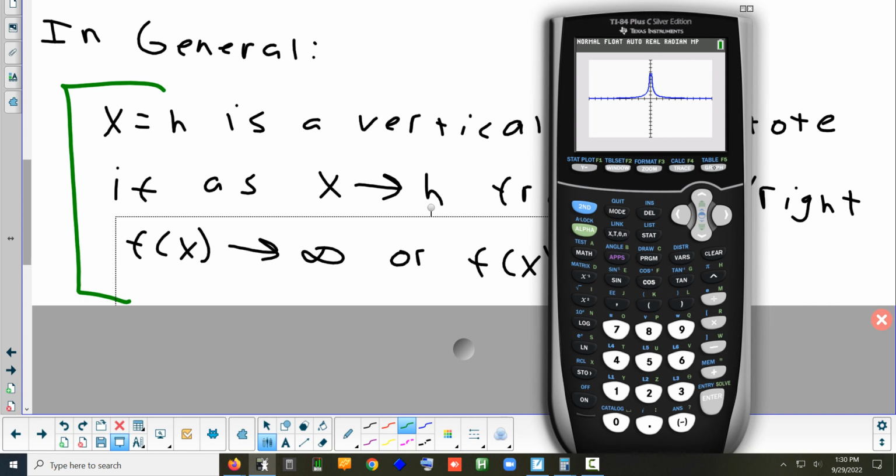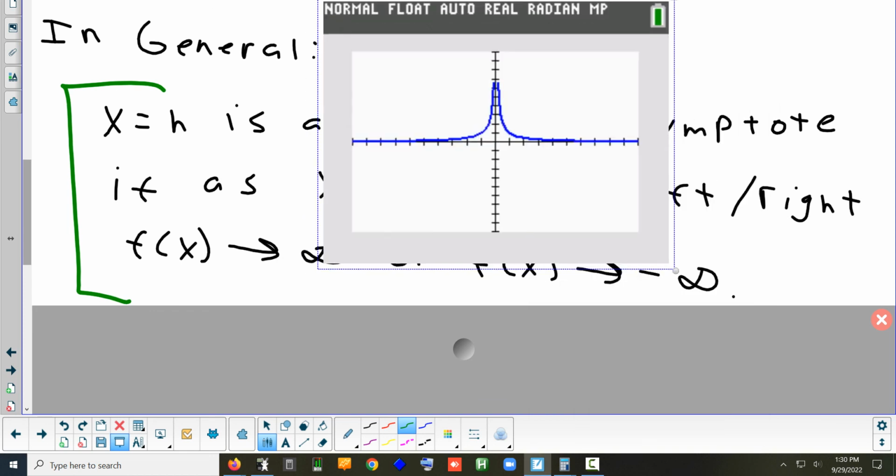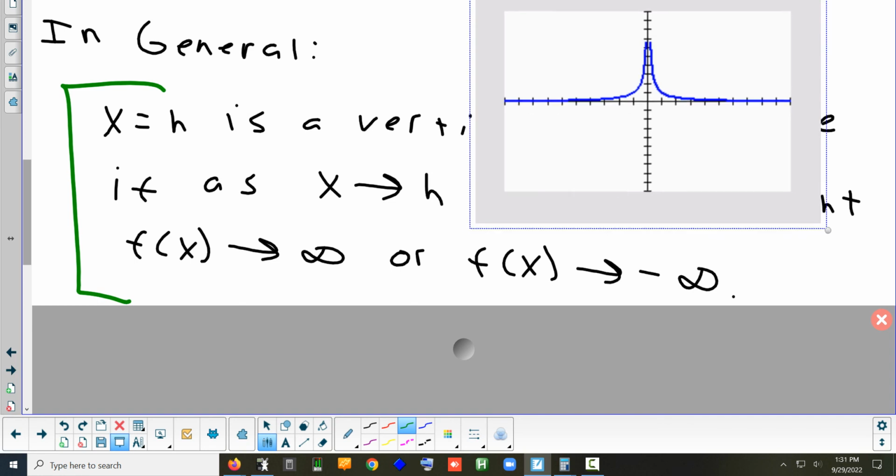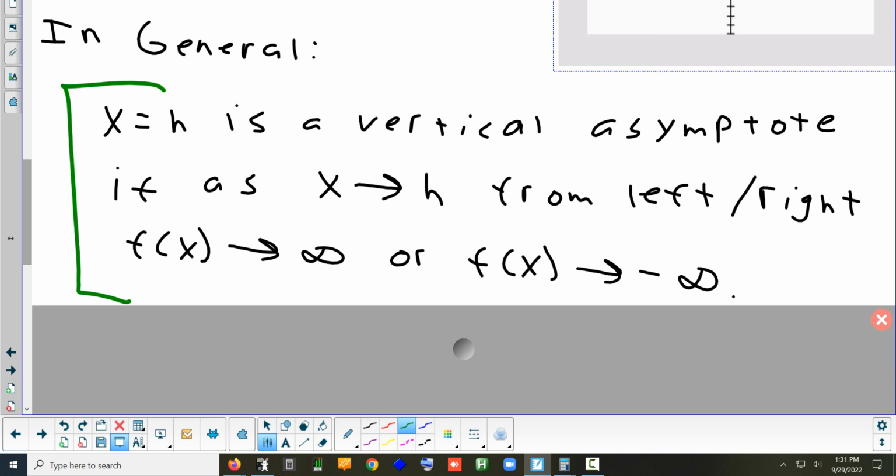It goes towards positive infinity, but from the left side it also does. What we're writing is just applicable to 1 over x, specifically. But in this one, as you approach 0 from either side, you're going towards infinity. So that one's a little different. And again, it looks like it stops, but it doesn't stop. Are there going to be any equations like that, with absolute value, on homework? I have to double check.